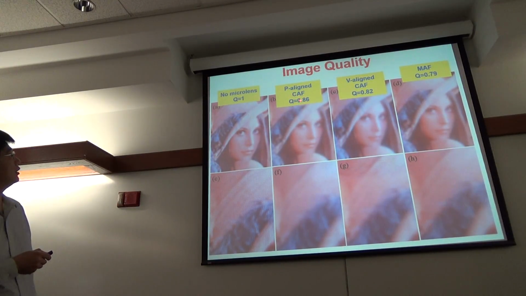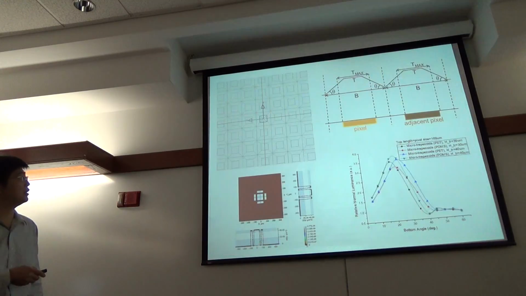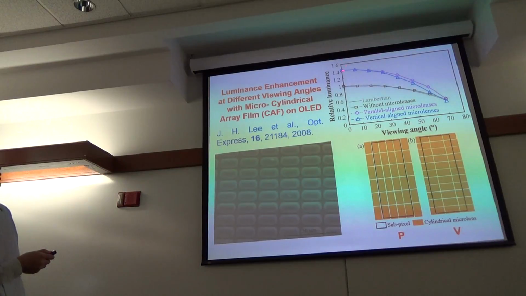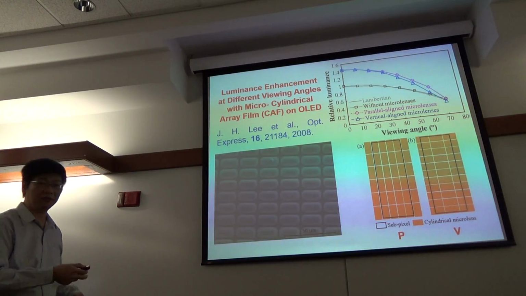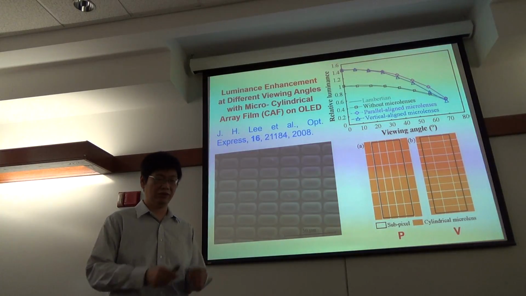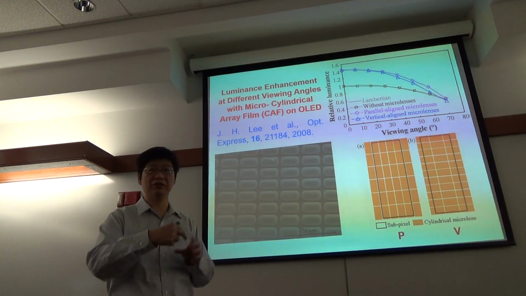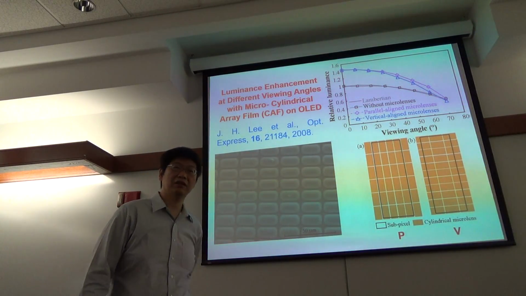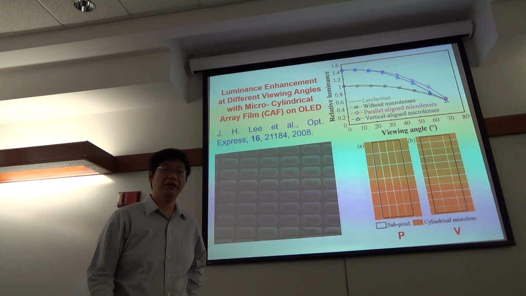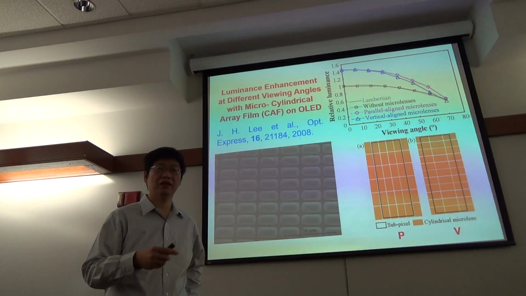If the microlens array gives about 80, the cylindrical can be a little bit higher, 82, 86, something like that. Just between the patterned one and the planar one. So you can tune the shape, cylindrical or something like that.